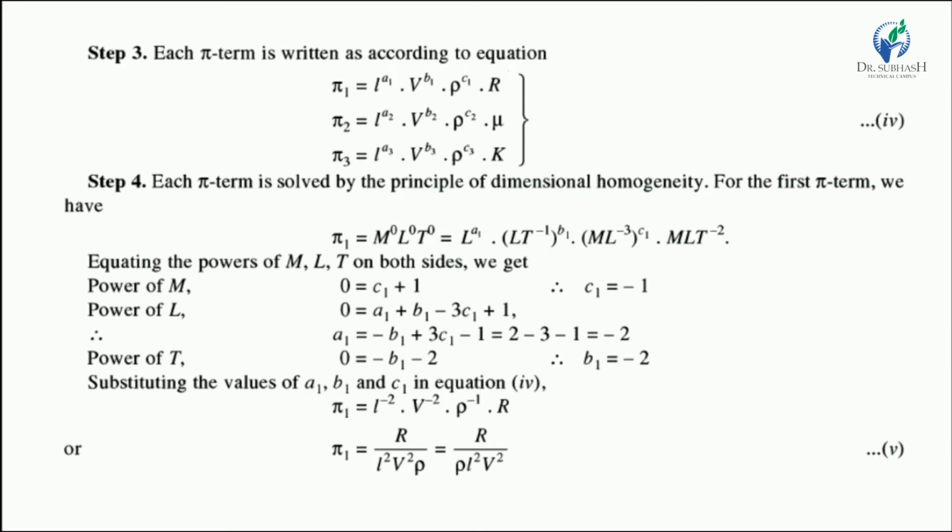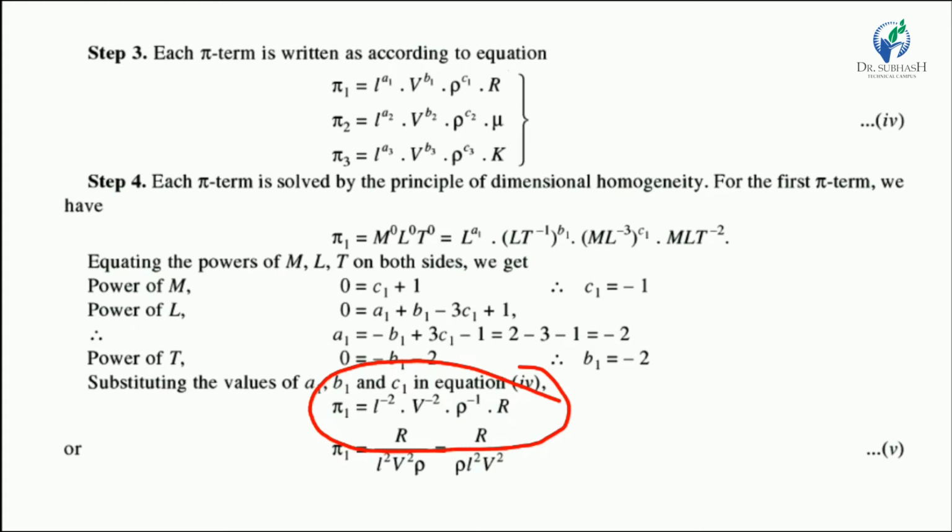So put the values of C1 and B1, and we get the value of A1 as minus 2. Now we have all the values of powers A1, B1 and C1. So put the values of the powers in this equation of the pi 1 term.